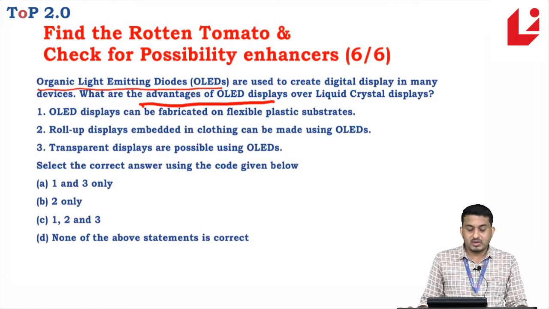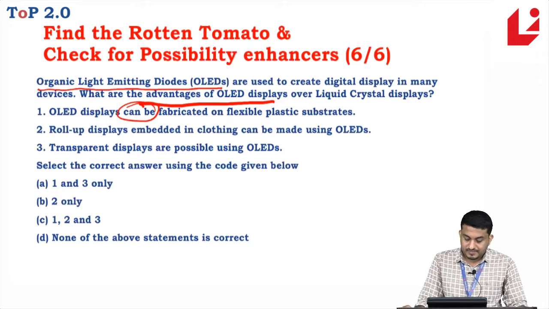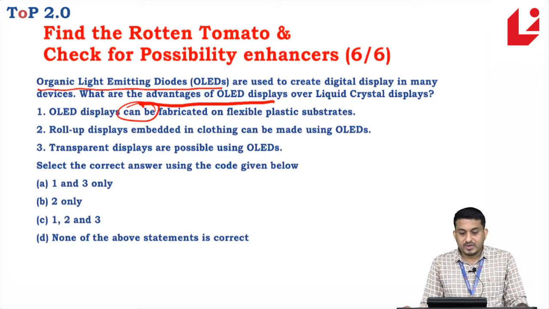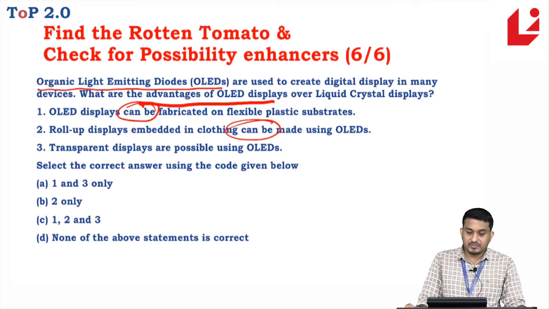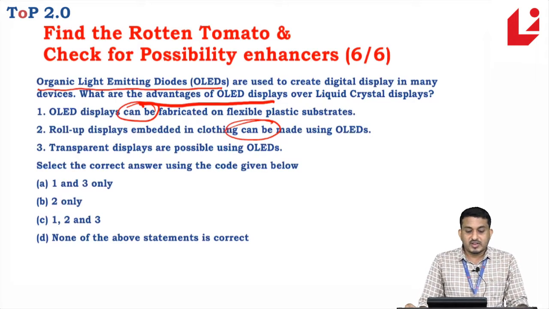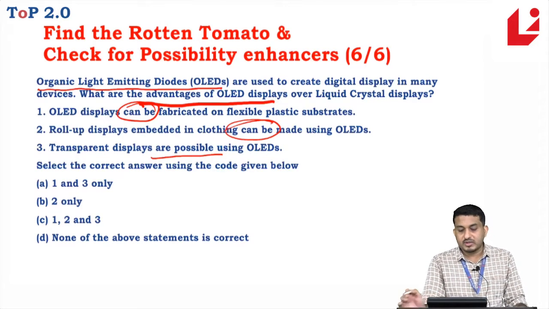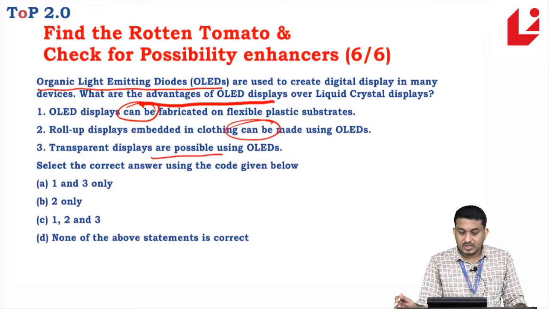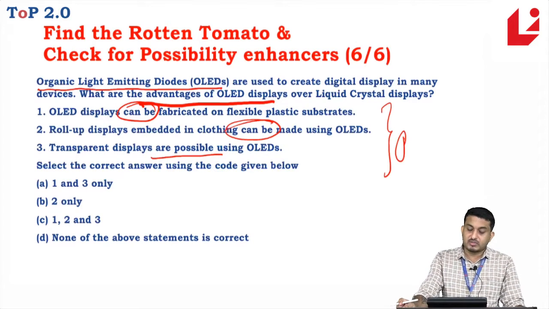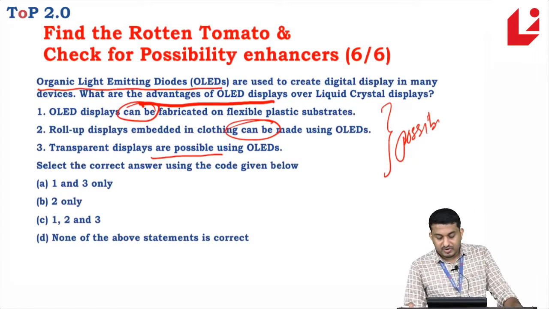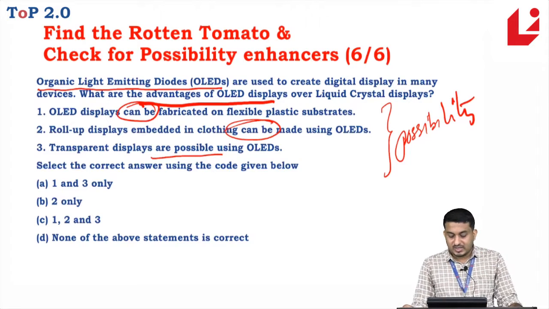Now first statement, OLEDs can be fabricated. Can. Roll-up displays embedded in clothing can be made using OLEDs. Transparent displays are possible using OLEDs. So that means in all the three statements, it is talking about futuristic possibilities. So there is always a possibility that the futuristic research would vindicate them.